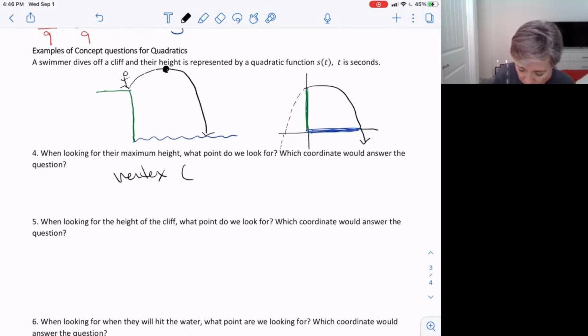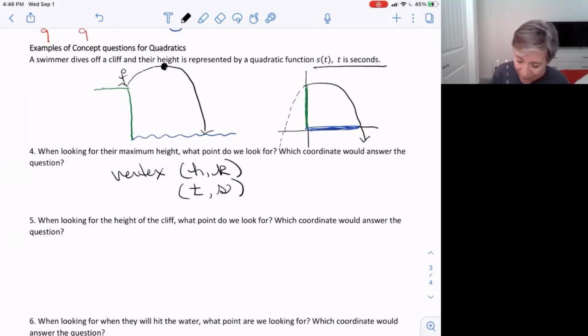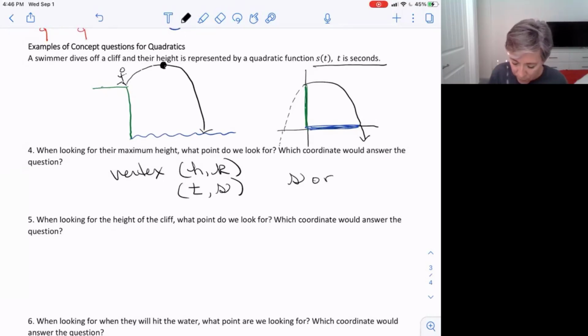Well, we're used to it being h and k, but in the context here, t is our input and S represents our height. So S, or the output, would answer our question, because we want to know the height that he's at, not how long it took him to get that high.